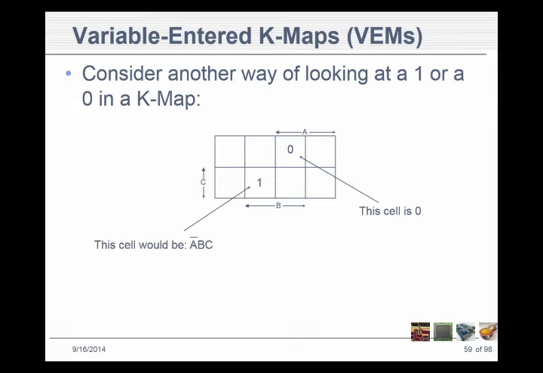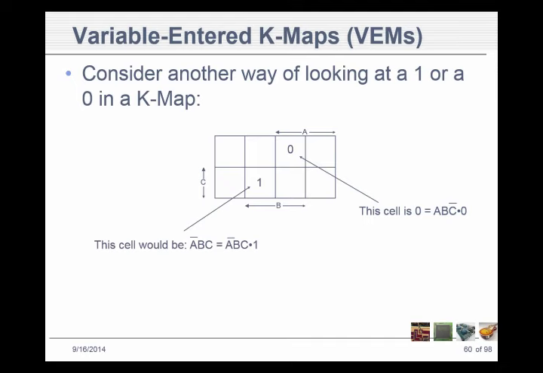Let's first start with looking at a 1 or a 0 in a K-map. Here we've got a 0 in that one cell. In this other cell, there's a 1. It would be not A and B and C. We wouldn't do this, but we could say that the 1 is not A and B and C and 1.